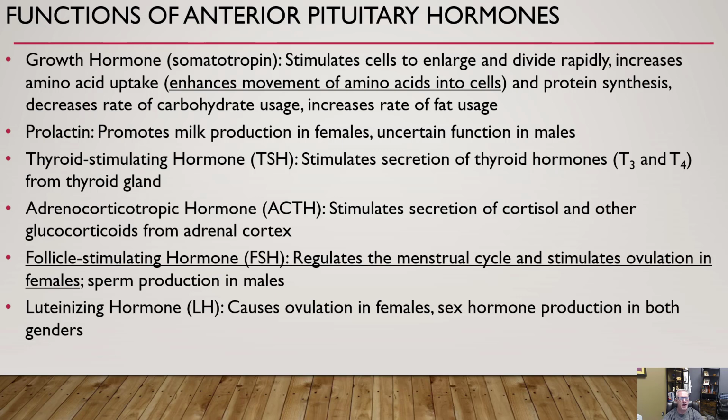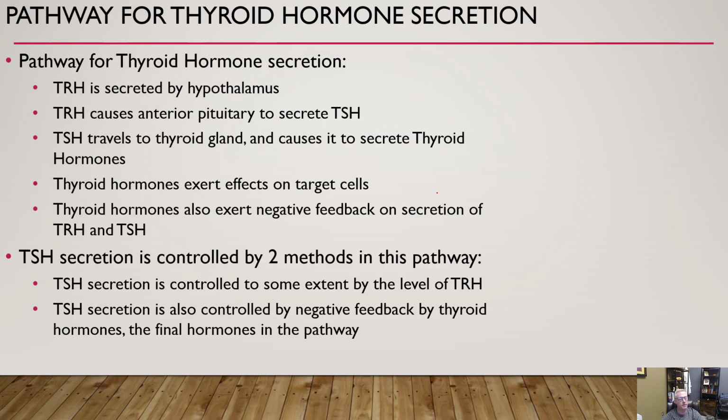All right, pathway for, I didn't advance your slide. All right, pathway for thyrotropin, or thyroid hormones. So we have this thyrotropin releasing hormone that's secreted by the hypothalamus. That thyrotropin releasing hormone is going to go to the anterior pituitary to secrete TSH. Remember, those are called tropic hormones.